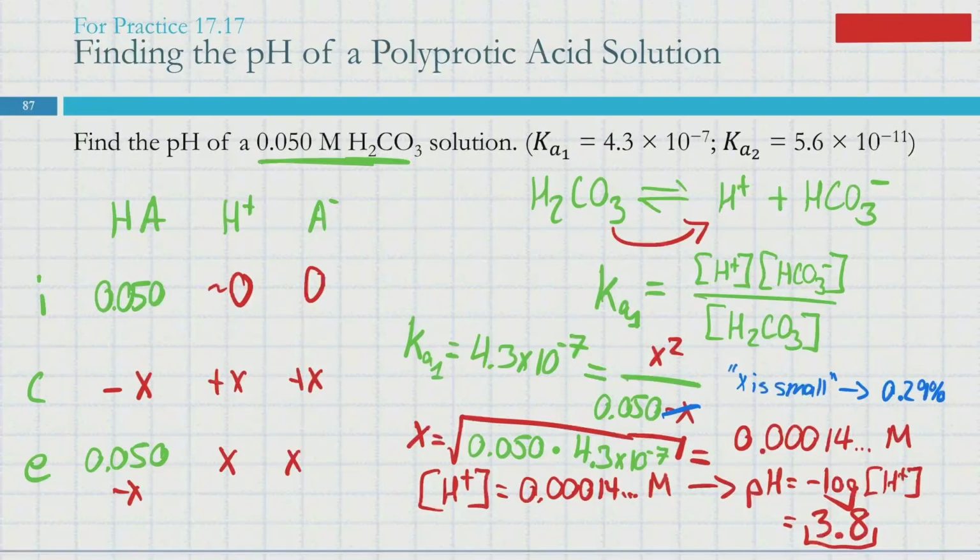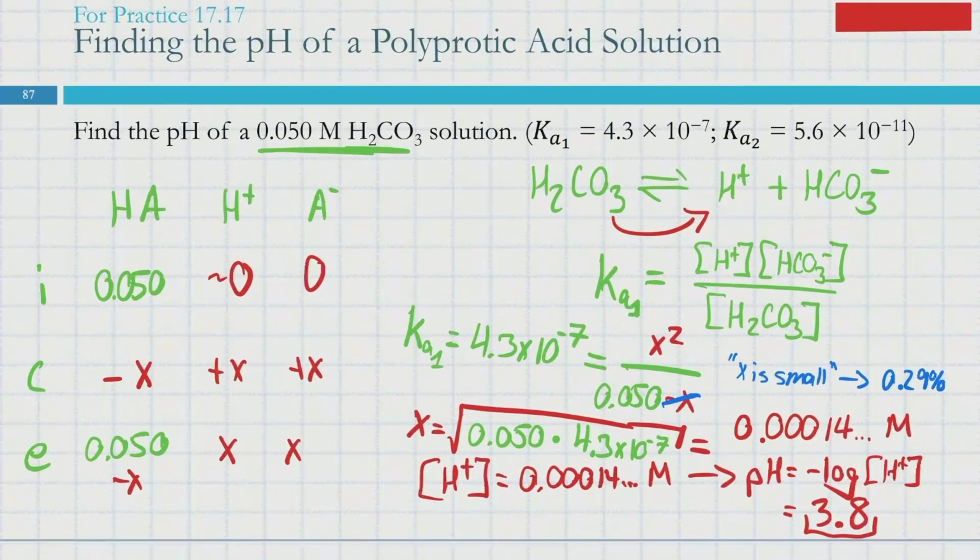So by just ignoring it, we're making like maybe a 1% error or something like that. Could be even less. But that would be my kind of ballpark guess. We're off by about 1%. We're already doing the X small approximation, so we're off by a tiny little bit as well. Basically, it isn't that important.